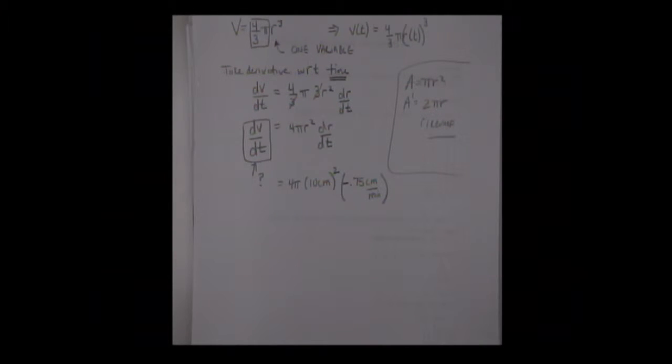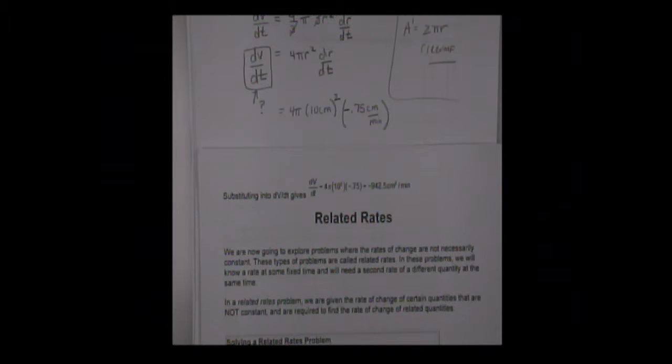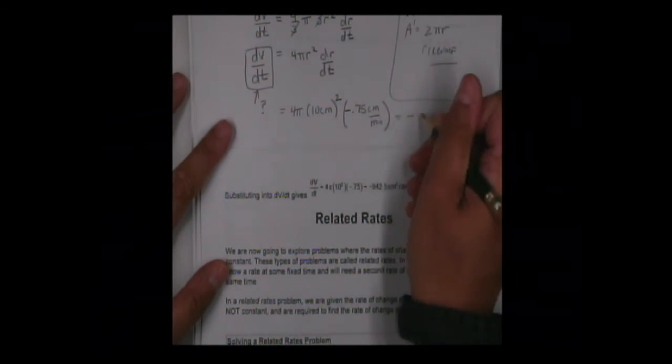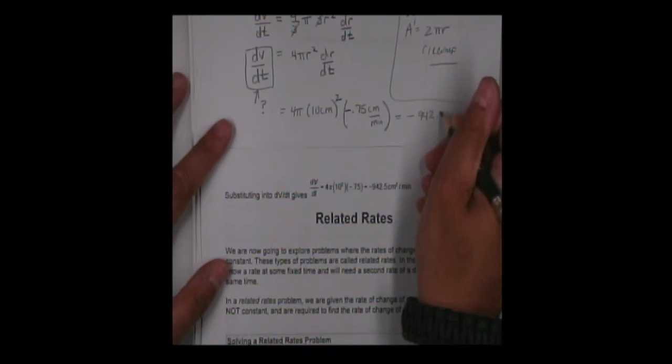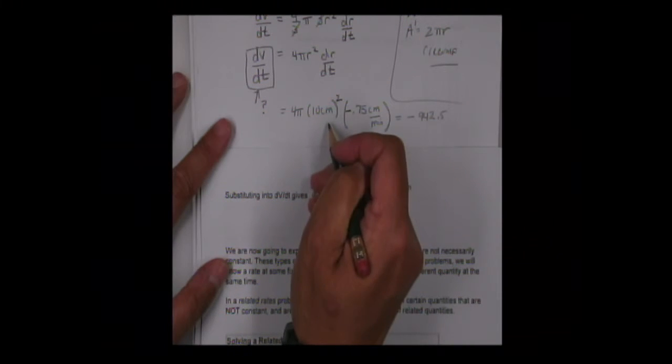And now I just pop this into my calculator, and I can cheat. If I pop that into my calculator, it's going to give me negative, if my math was correct, 942.5. And notice I put the units on here just so you would see that they work.